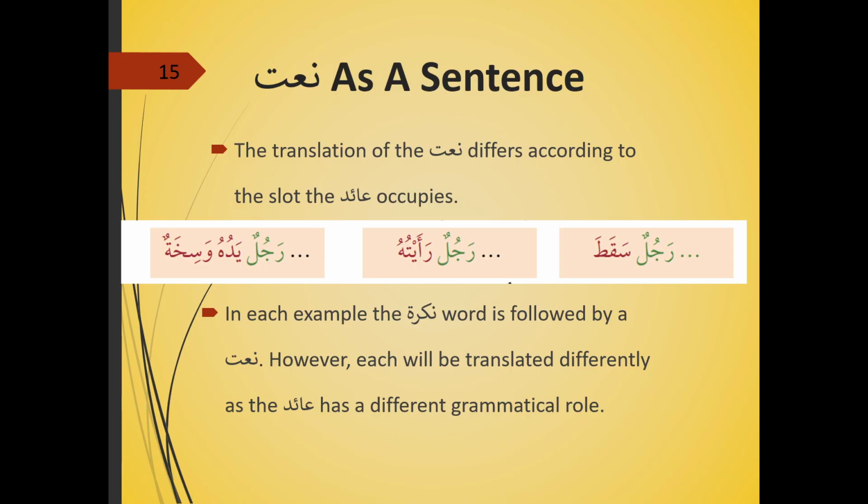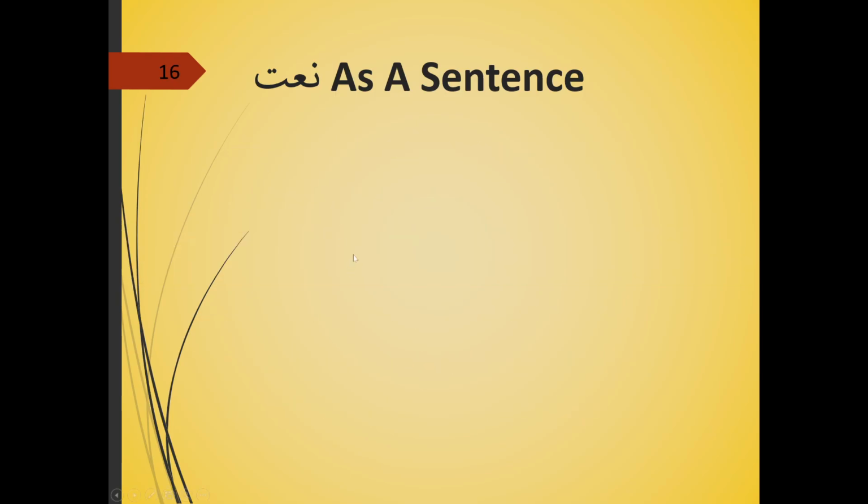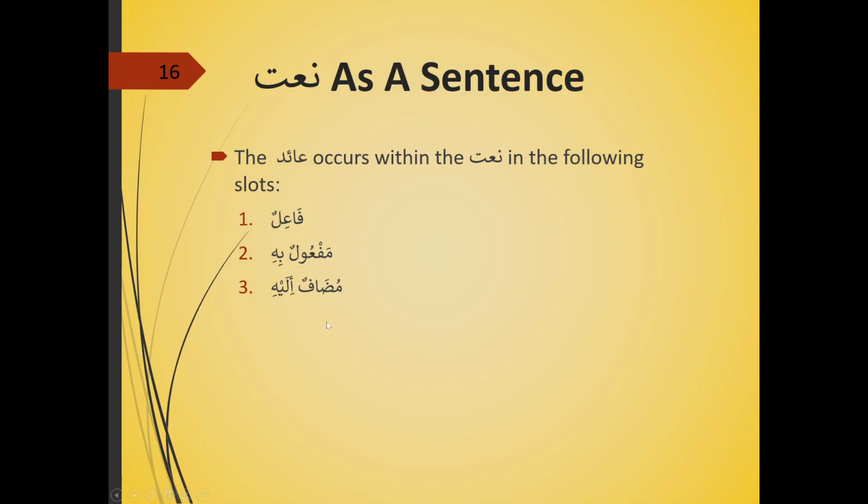Yadu, his hand. Hand of his. So his is your? What slot? This is the a'id, the zamir going back to rajulun. It is the mudaf ilay. Remember, we had a slot here. So it's the mudaf ilay. That's where it is. Alhamdulillah.